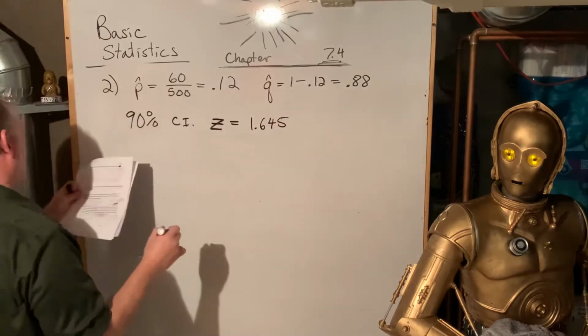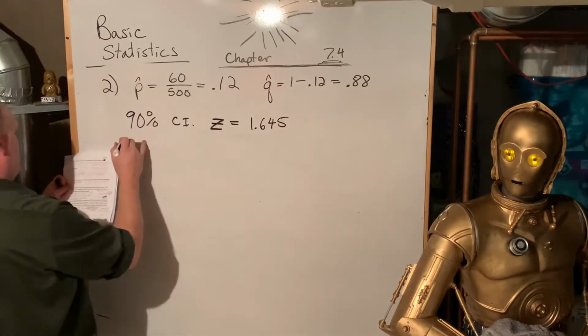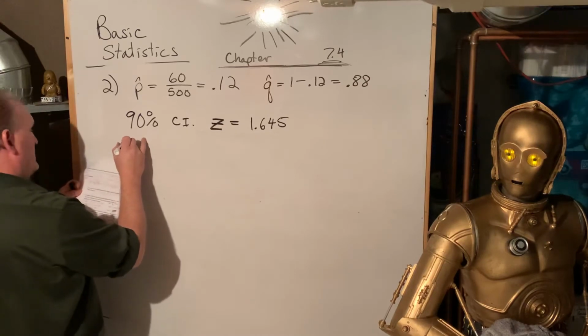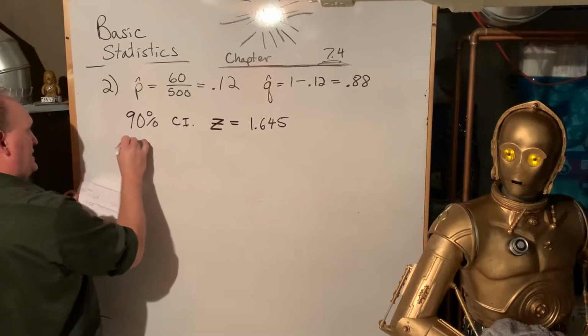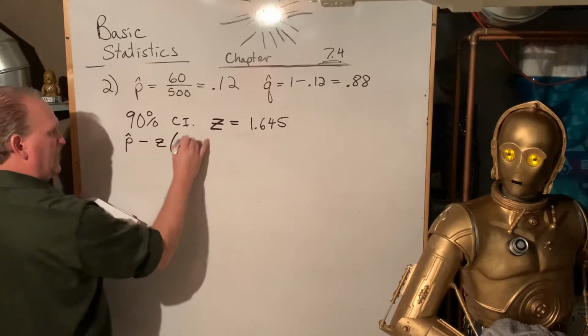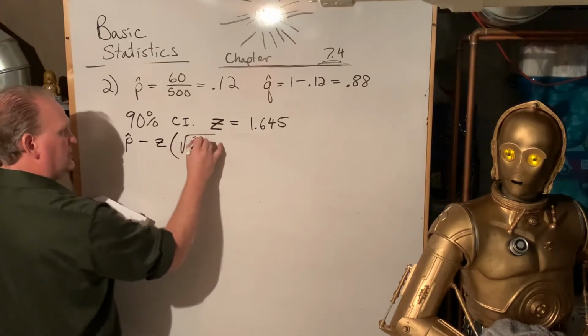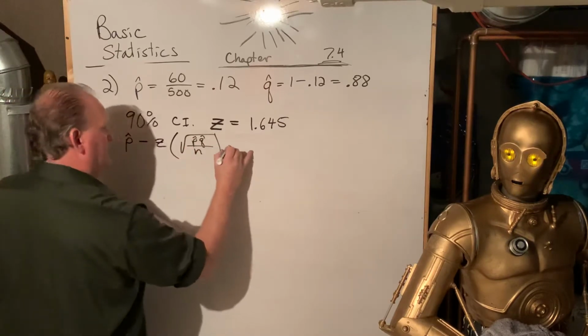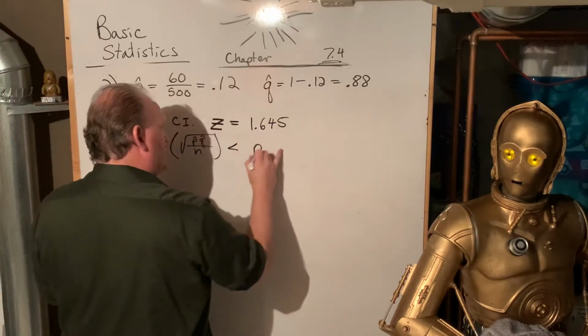All right. And now we're going to put it into this equation. And again, do not be intimidated by these equations, because it looks really overwhelming if you look at it all at once.